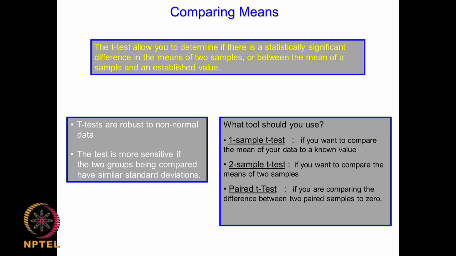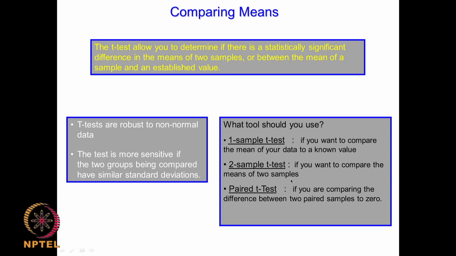I take 10 students from one university and 10 students from another university, get their IQs, and compare them to say whether the IQs are statistically different or there is no statistically significant difference between these 2 IQs. That is called a 2 sample t-test because I am using 2 sets of samples.